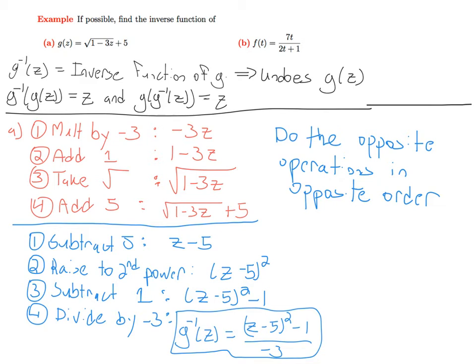Secondly, we can notice the following thing, and that is if I start out with the equation y is equal to the square root of 1 minus 3z plus 5, the formula for g of z, and I try to solve this for z, well, what would we do? We would first subtract 5 from both sides.